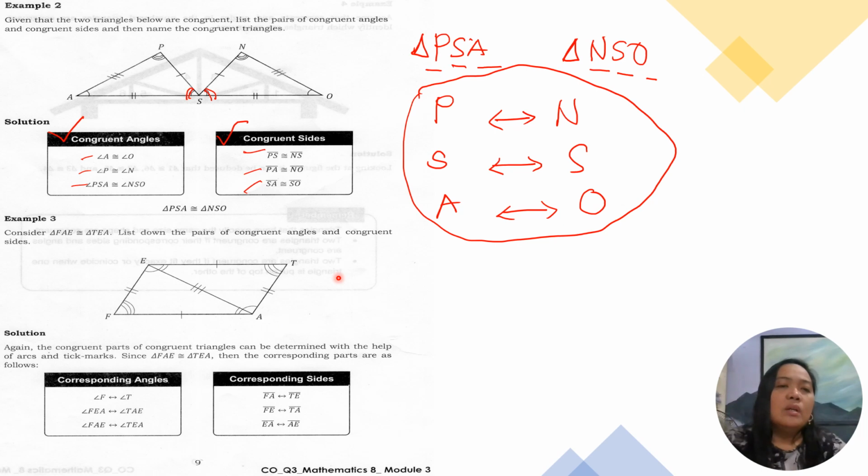This time, all you need to do is to fold, or rather, you need to rotate. If triangle FAE is congruent to triangle TEA, then you need to rotate your triangle. Say you will rotate triangle TEA.